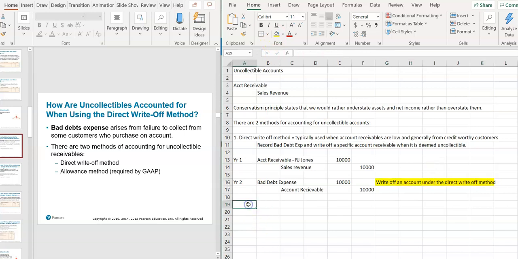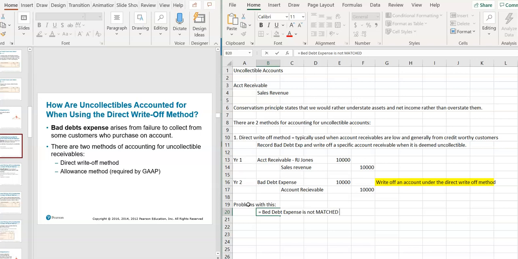Now, there are a couple problems with this. First of all, bad debt expense is NOT MATCHED, and I did that in all caps on purpose.